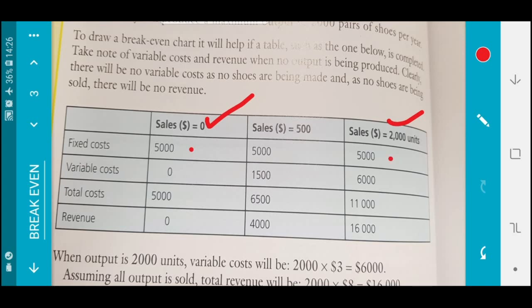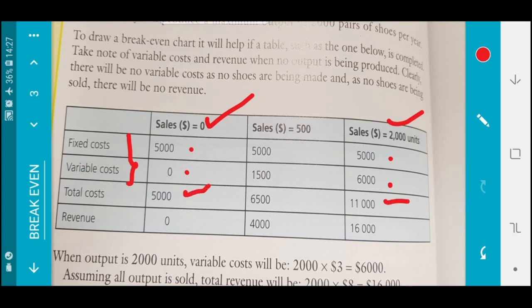Now the variable cost is the cost that varies directly with output. So if I produce 0 shoes, there will be 0 cost. If I produce 2,000 units, as each unit costs me $3, it will be 2,000 times 3, and this will give me 6,000. So now I can get the total cost out of these two. The total cost will be 5,000 plus 0, 5,000, and here 5,000 plus 6,000, 11,000.